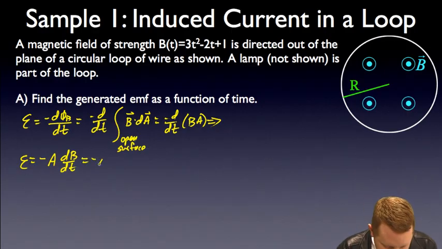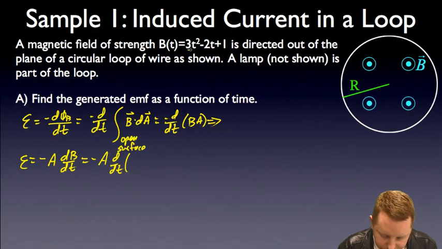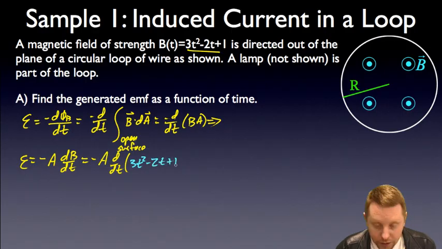So that's minus A times the derivative with respect to time of our magnetic field function, 3t squared minus 2t plus 1.